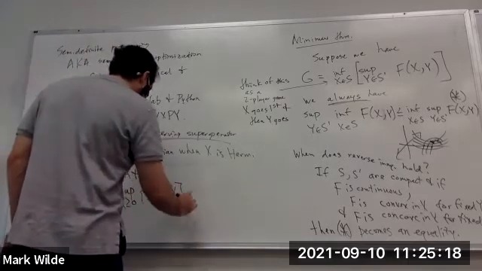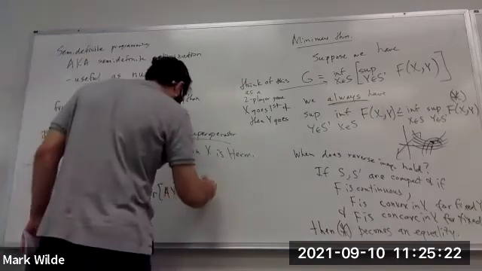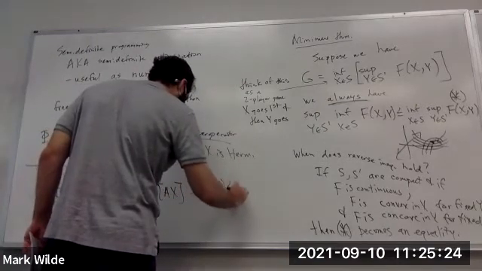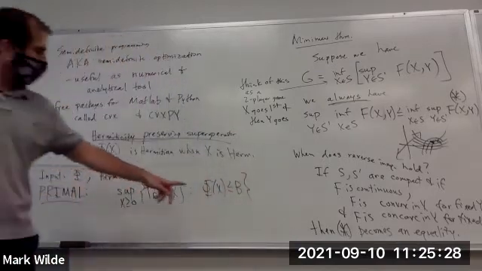The constraint is that phi of X is less than B.